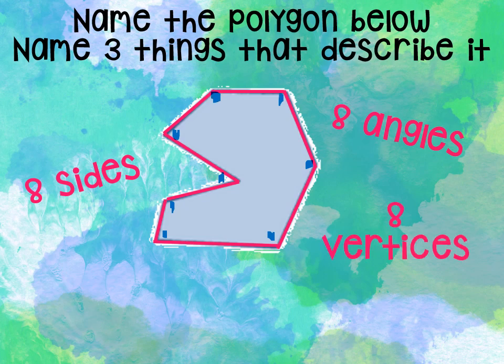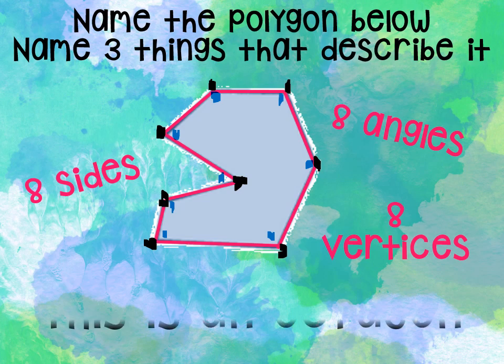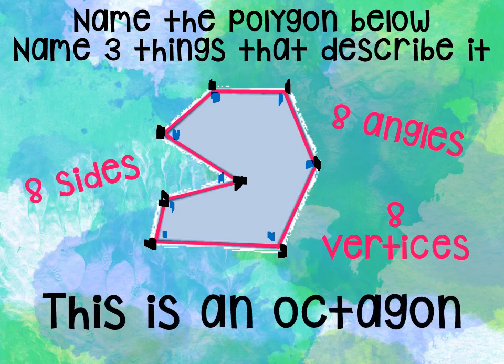It has 8 vertices too. 1, 2, 3, 4, 5, 6, 7, 8. So this shape has 8 sides, 8 angles, and 8 vertices, and that makes it an octagon.